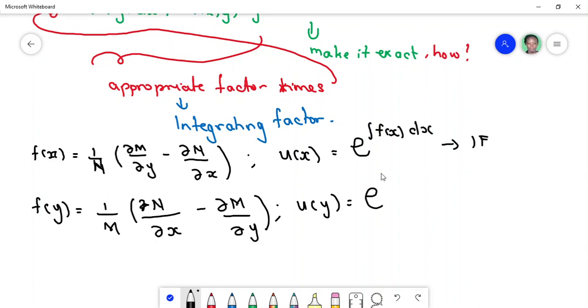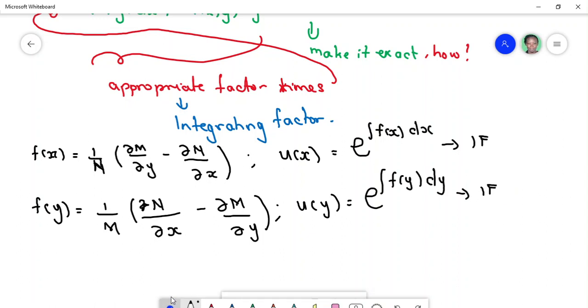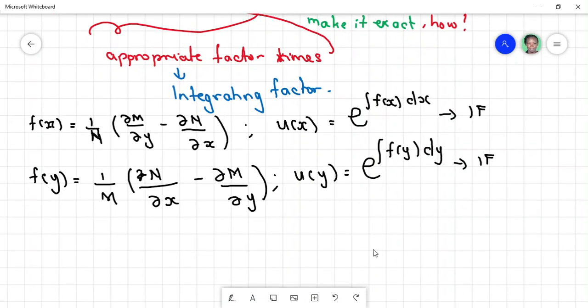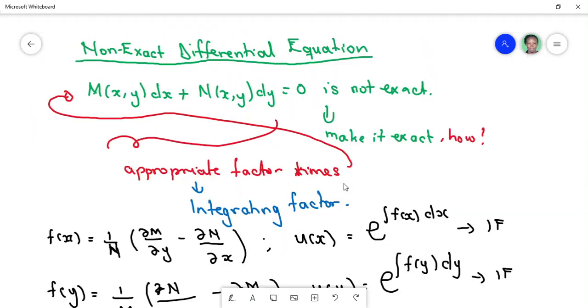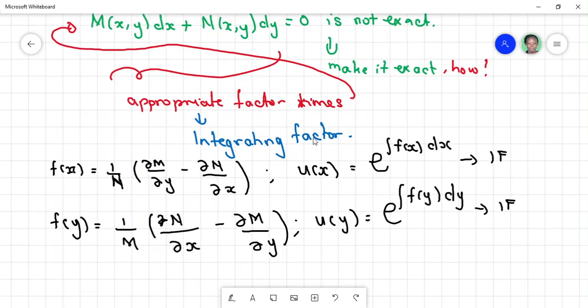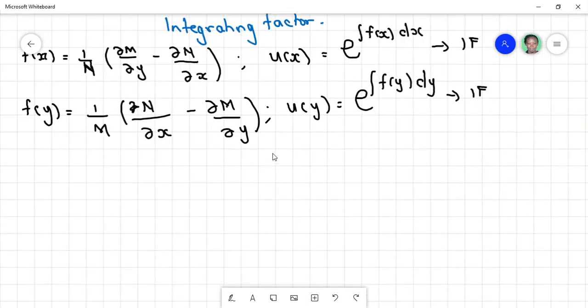That is the exponential of the integral of my function of y dy. So this is the integrating factor as a function of y. With this integrating factor, I multiply it by the given differential equation to make it exact. Then I could solve as well.